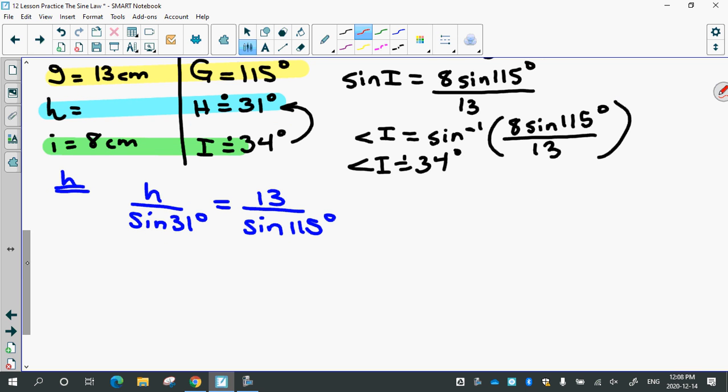All right, so I need now to multiply both sides by sine of 31 to get h by itself. And then I just have to enter it into my calculator correctly.